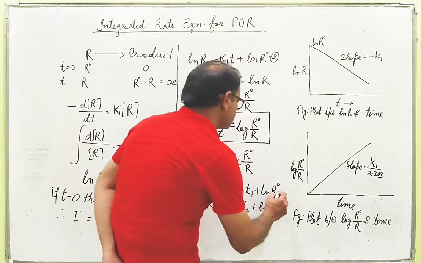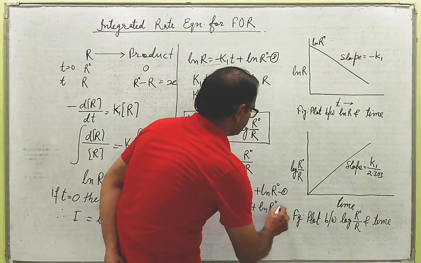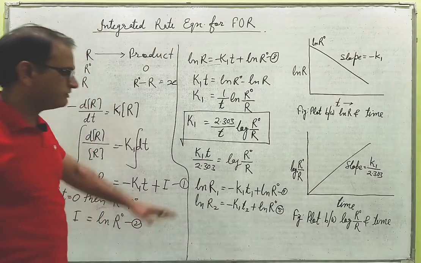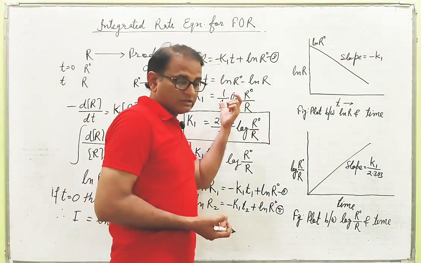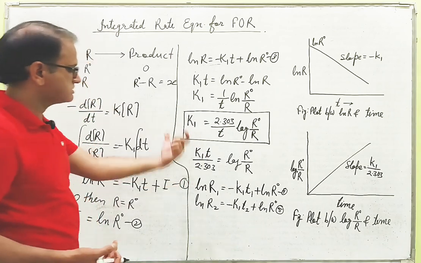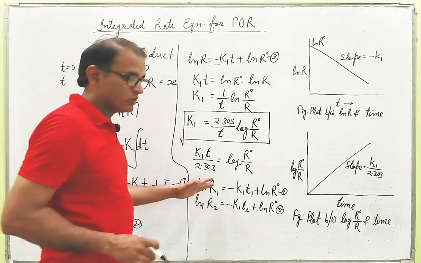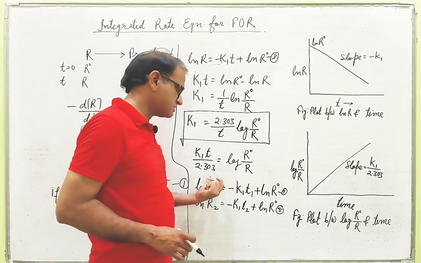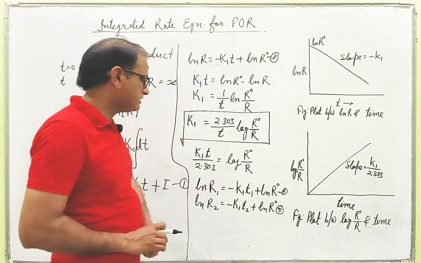Say this is equation number 4, or equation number 5. If we subtract equation number 2 from 1, because R1 is greater than R2, what we will get?